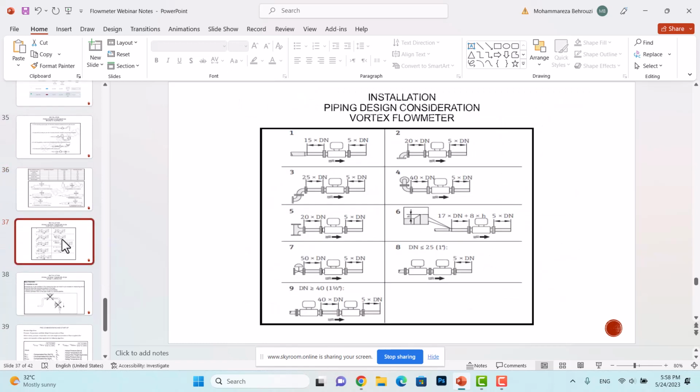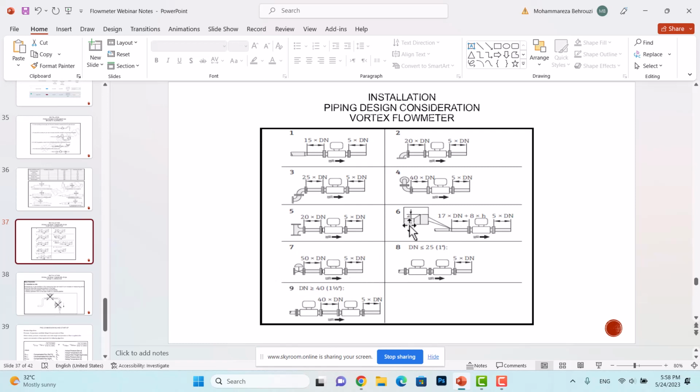The same happens for vortex flow meters with different distances. If you want to, for instance, install these vortex flow meters near a control valve, this consideration should be taken into account.